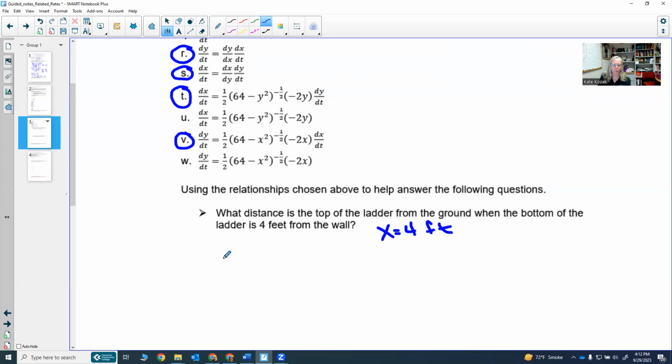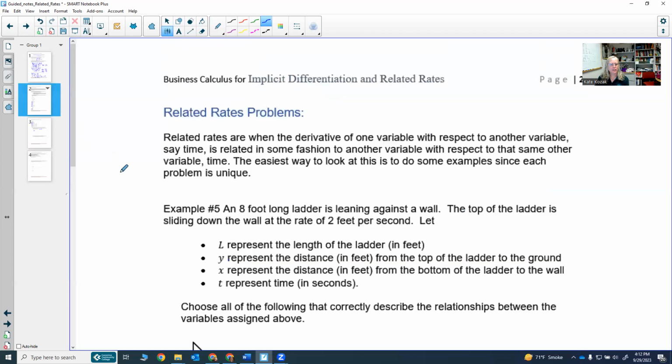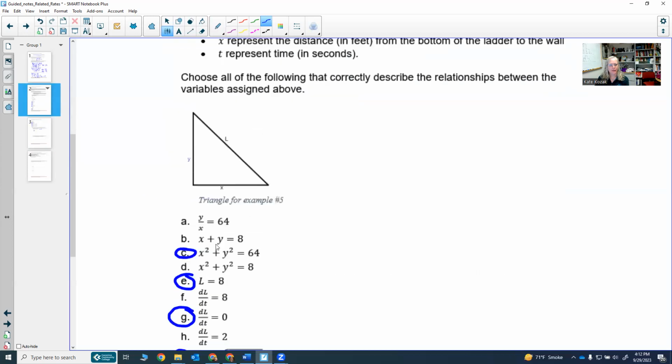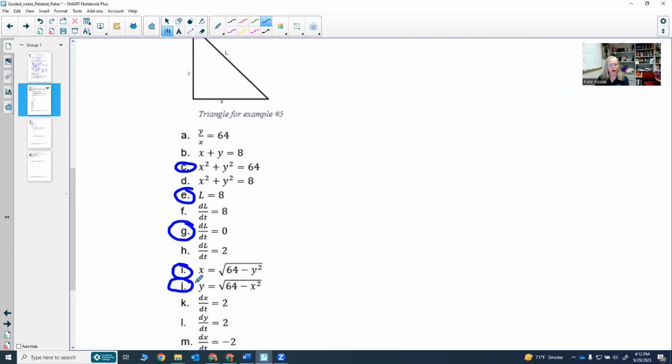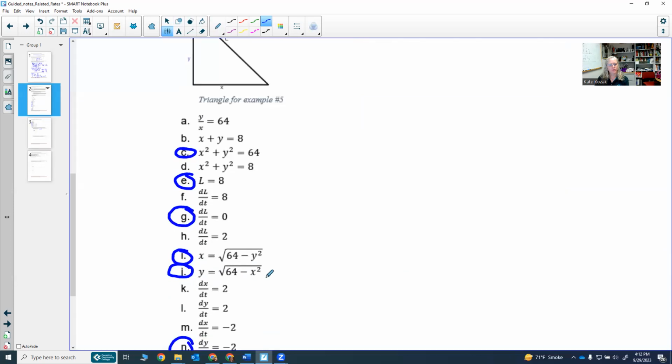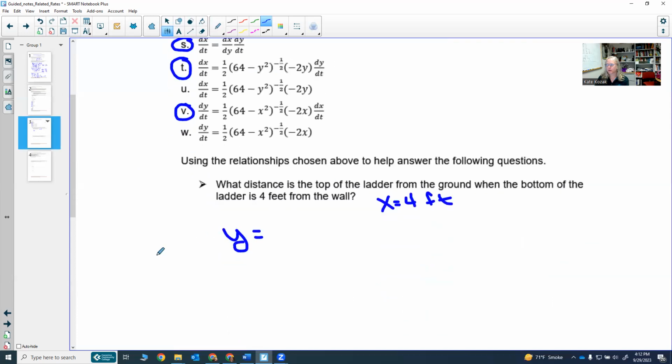We want to find out what y is equal to. Well, going back to my relationships, I can see that I had a relationship that told me that y was equal to the square root of 64 minus x squared. So that's the relationship I'm going to use. Y is equal to the square root of 64 minus x squared.